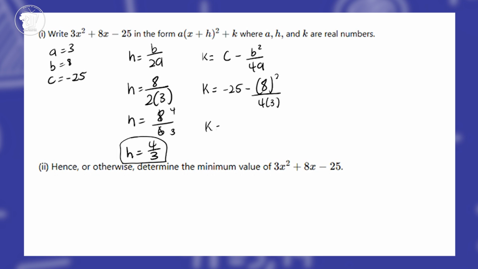So k would be equal to negative 25 minus, when we square 8, we end up with 64, over 4 times 3, which is 12.